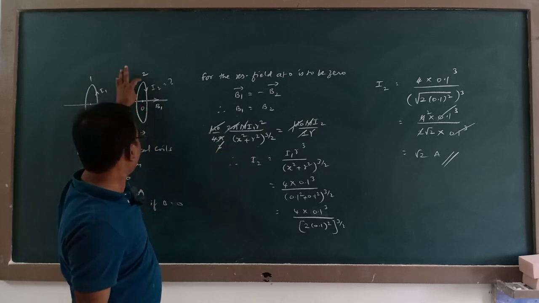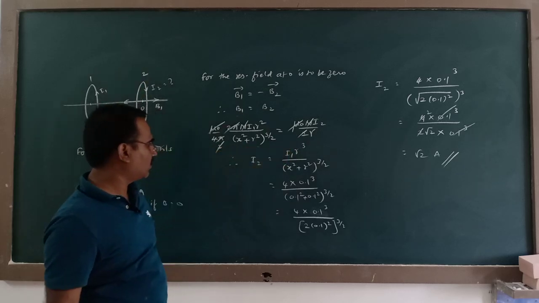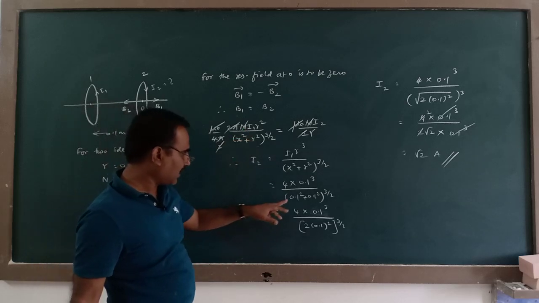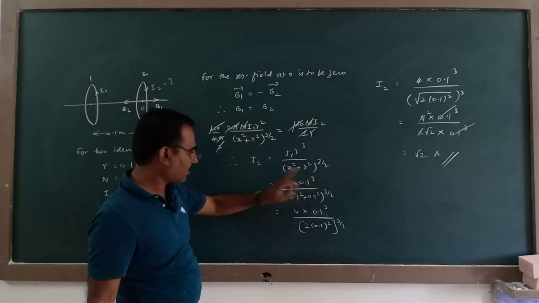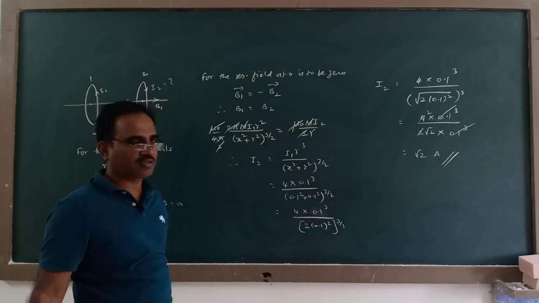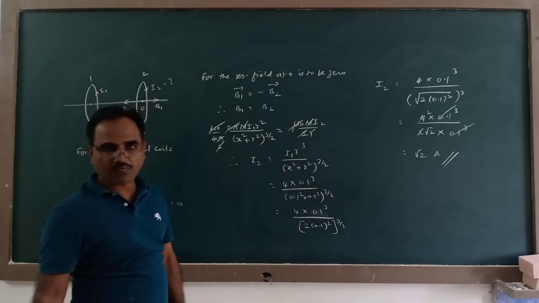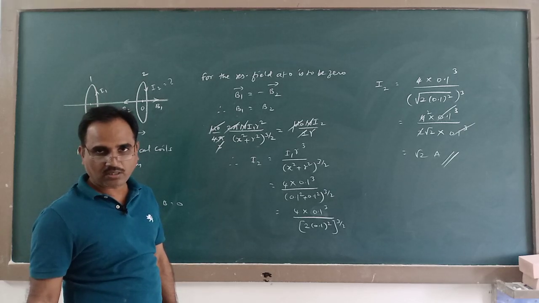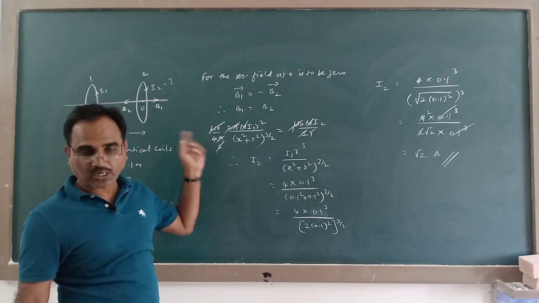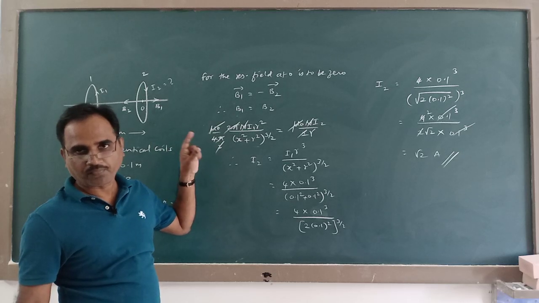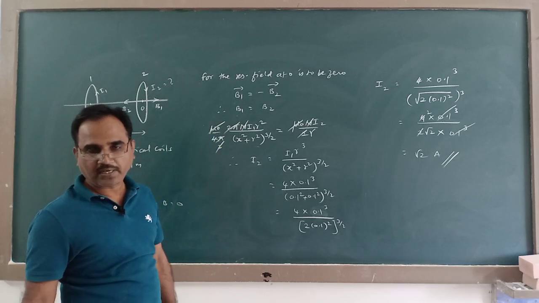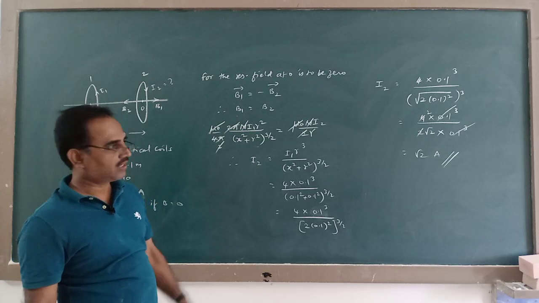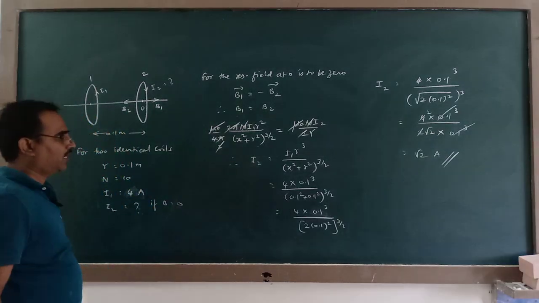Field at the same point due to the second coil is given by this formula. So I substituted for I1 and R, and the rest is simplification. When a current of root 2 ampere passes through the second coil opposite to the current in the first coil, then the resultant magnetic field at the center of the second coil can become 0. That is how we calculated this I2.